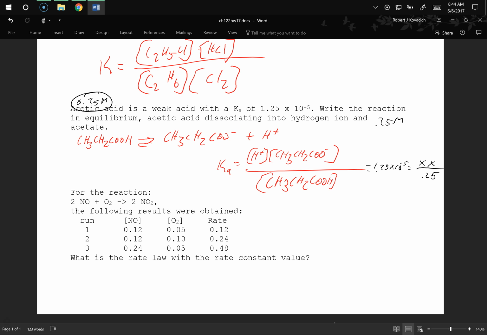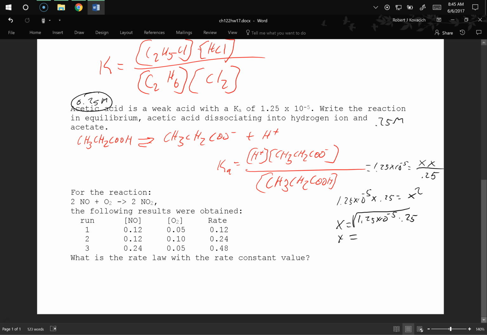So if I solve for X, I've got 1.25 times 10 to the negative fifth times 0.25 equals X squared. So X would be equal to the square root of 1.25 times 10 to the negative fifth times 0.25.